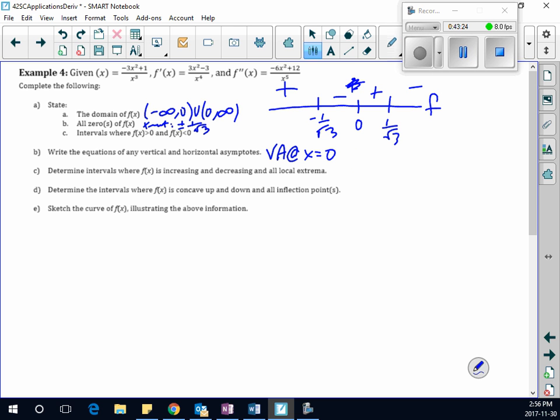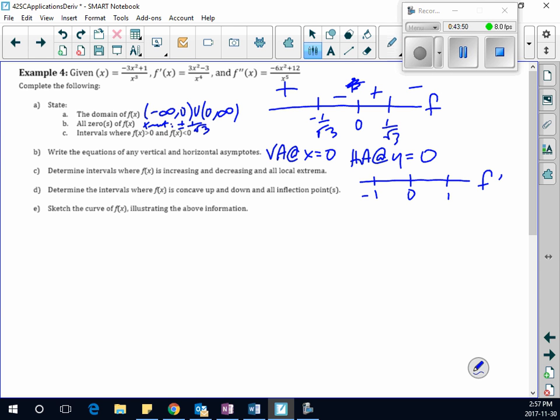Okay, horizontal asymptote, anybody? Y equals 0 because there's a bigger denominator on the bottom. Okay, intervals where f prime, we have to have 0 and plus or minus 1.